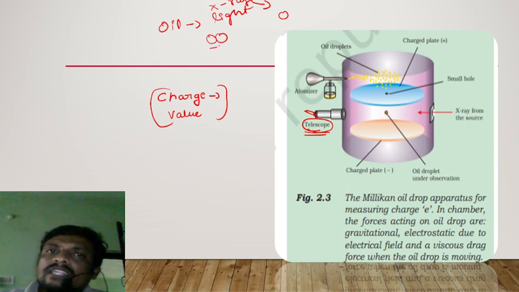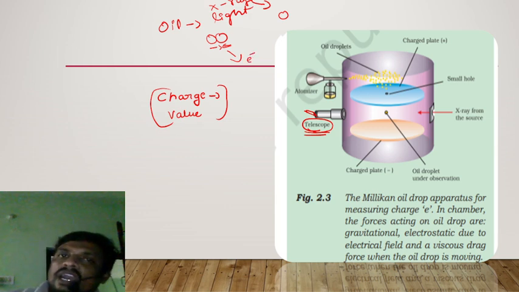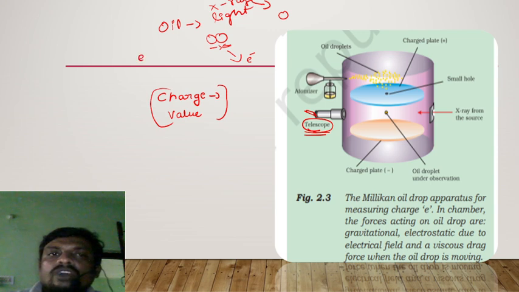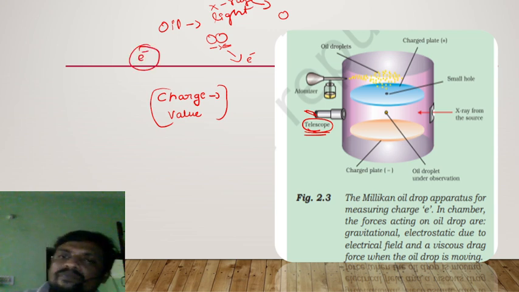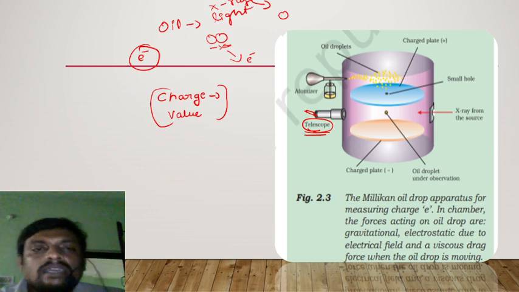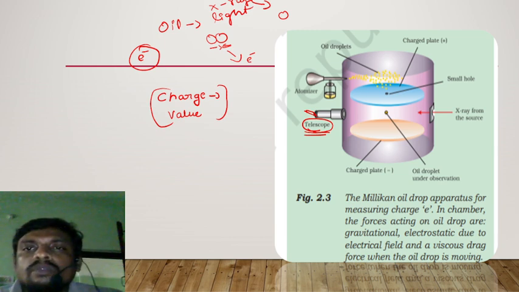When they interact with each other after collision, he was able to obtain some charged particles, and they were charged because of collision, and the charge of the electron is negative. This experiment says what the charge of an electron is. The remaining points I will discuss in the next class.